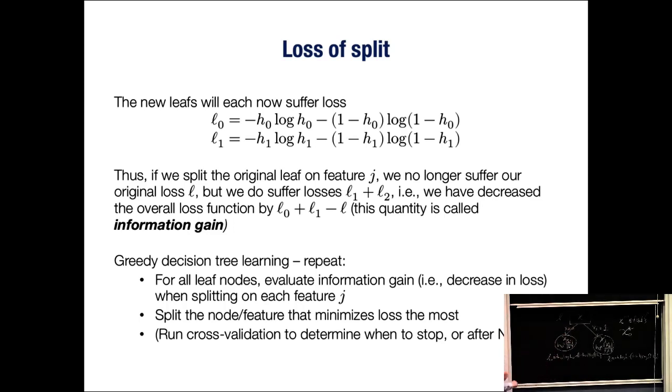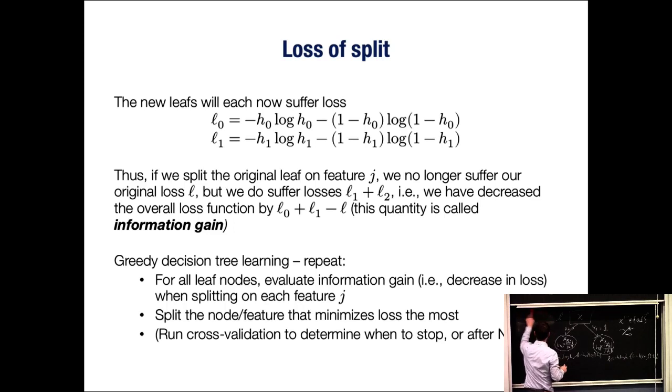So basically, if I think about my total loss, which I'll just write capital L, this is the sum of losses for the entire data set. It is going to be updated to be equal to L1 plus L2 minus L. Or sorry, I should write this a little more clearly.